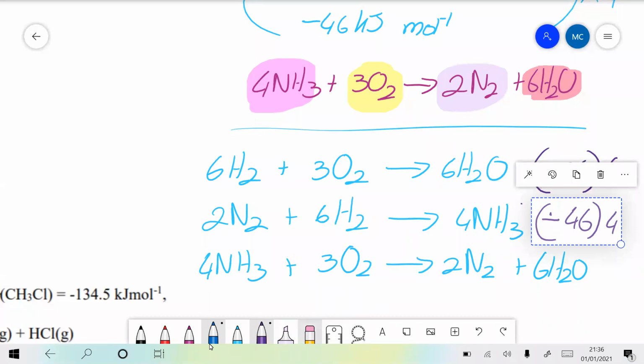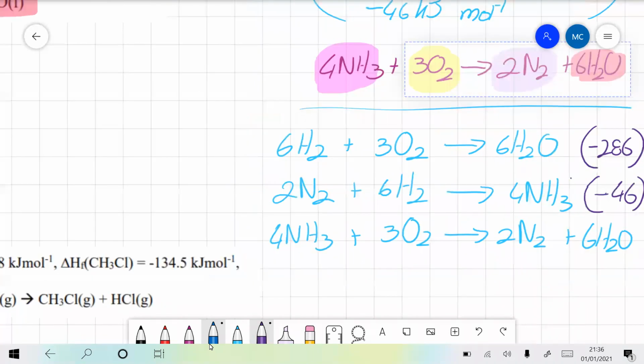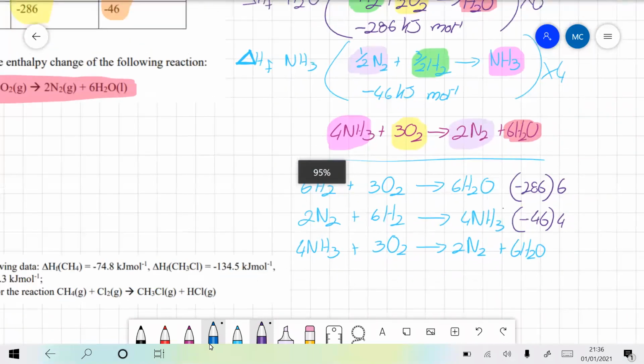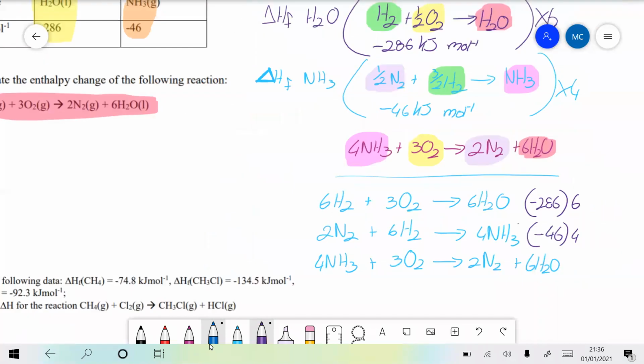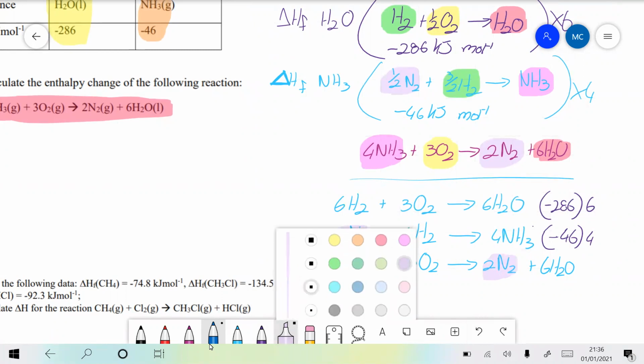Okay, let me rub off the dot from there. So this is going to be our three equations. And again, we're going to make sure that everything is balanced out now. So we've got 6 hydrogens, 2 nitrogens, 2 nitrogens.